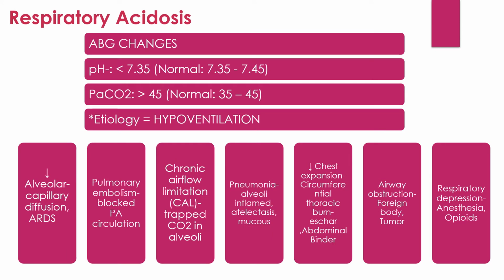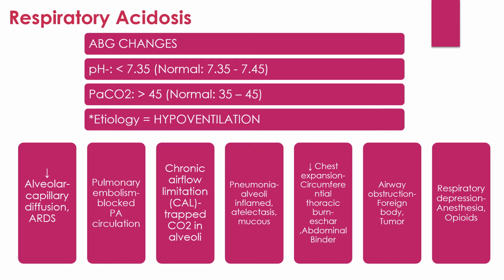The next section that we talked about is how to determine the causes of the acid-base imbalances and what to do about it. So the next one is respiratory acidosis. You're going to have ABG changes. Your pH will be less than 7.35.